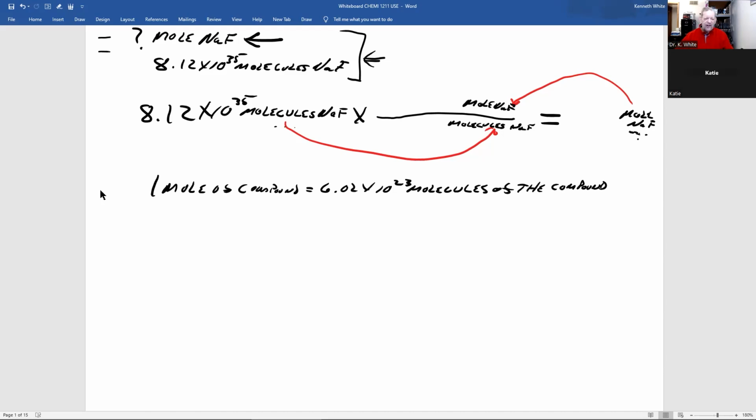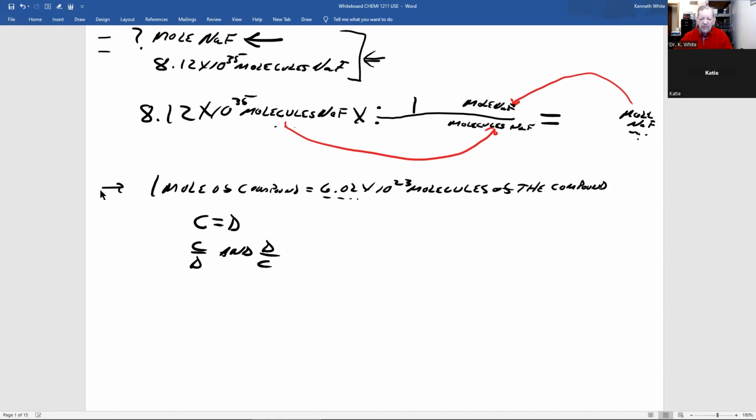And so from test number 2 information, or maybe even memorize this, 1 mole of a compound equals Avogadro's number, 6.02 times 10 to the 23rd molecules of that compound. Remember, if you have C equal D, you have two ratios, C over D and D over C. So if we come back here, what number goes on top? 1 mole.